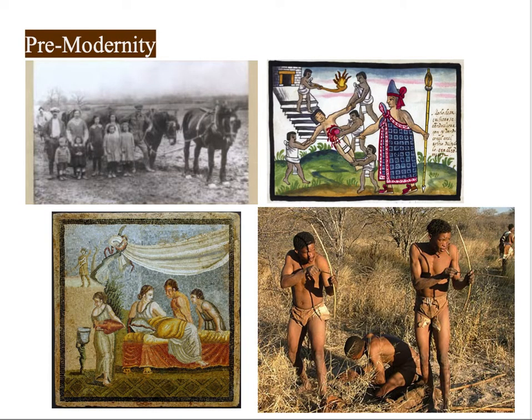But pre-modernity is a catch-all term that covers a wide historical period, from about pre-1750 to the beginning of humankind. So that includes hunter-gatherer groups, societies based on agriculture, and all of the ancient civilizations.